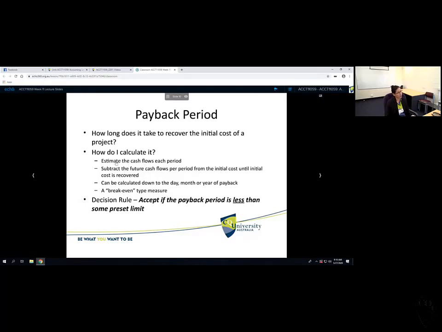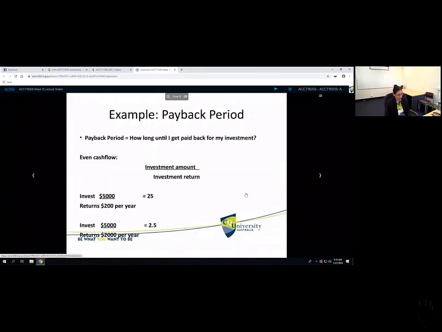And we're going to go through how do I calculate it in the example. And I'll just cover the concepts. So we estimate the cash flows and subtract it and so forth. But remember, I show you how to do that in Excel in the video on Moodle. So let's have a look at an example for payback. All right, so how long until I get paid back for my investment?